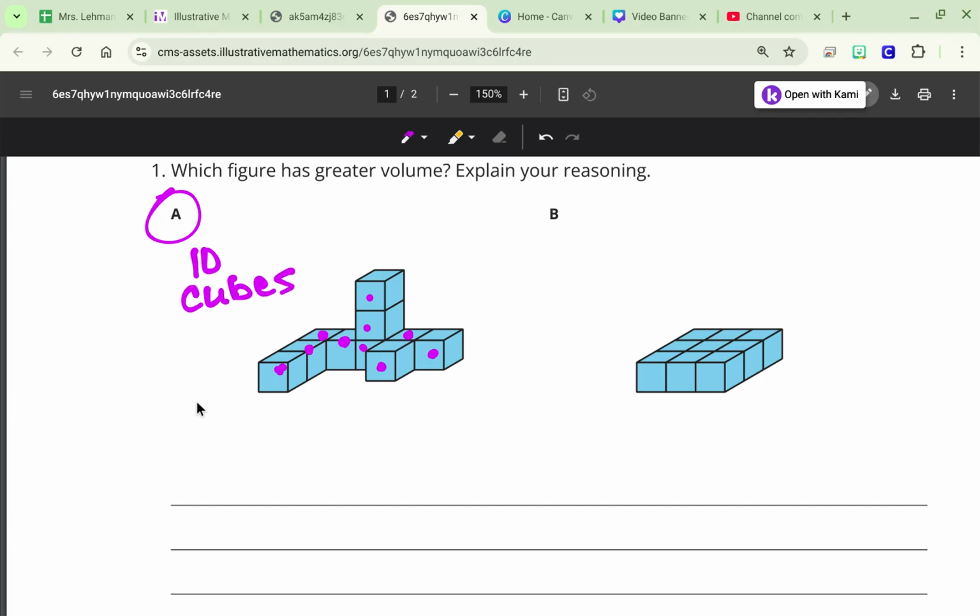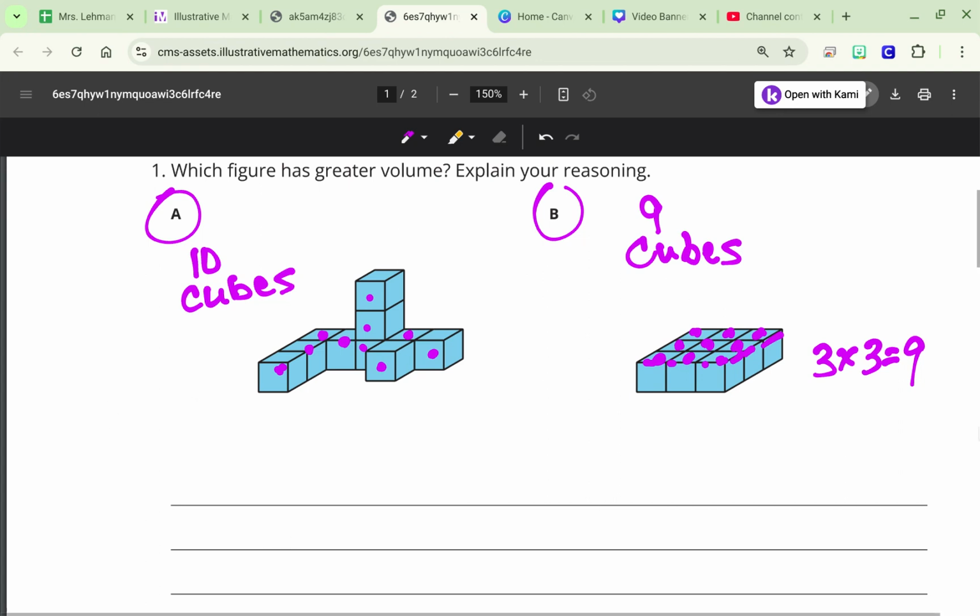Now, when I take a look at B, I can count the cubes, or I can remember that this is a 3 by 3 array, which would tell me that you would use 9 cubes, and certainly you could also use the strategy of simply counting the cubes, in which case we would see we have 1, 2, 3, 4, 5, 6, 7, 8, 9. Either way you problem solve, you're finding that figure B does have 9 cubes.